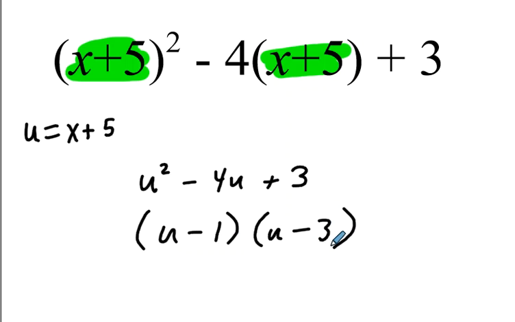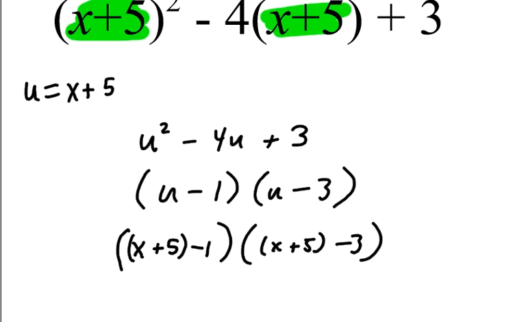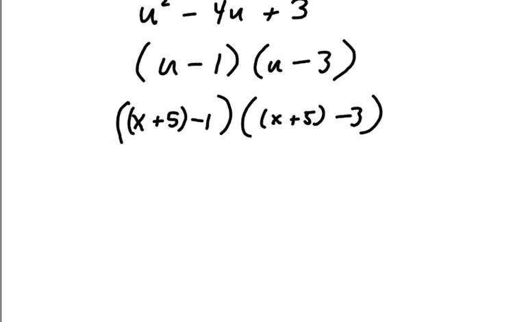And it gives me a negative 4 in the middle, positive 3 at the end. But wait, my problem had really x's in it. So I'm going to go back and change my u's to x plus 5. And x plus 4. Really? x plus 4. Because the parentheses aren't doing anything on this one. Neither are those.